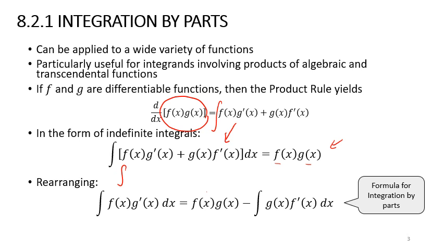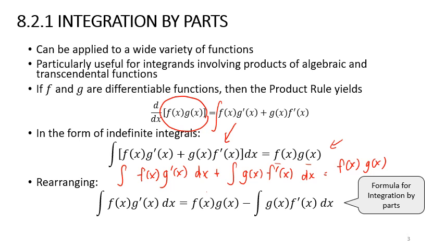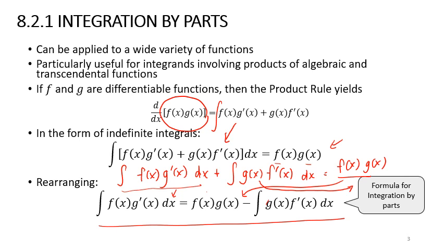So the integration of f of x g prime of x dx, plus the integration of g of x f prime of x dx, equals the product of f of x and g of x. Then you put this as the subject, and you move the other term to the right hand side, and then you get this whole thing here, which is the formula for integration by parts.